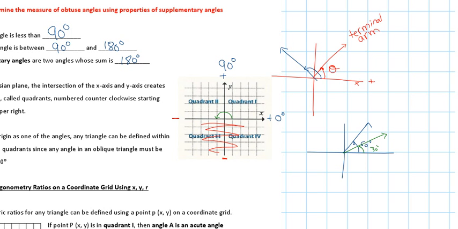So now I know my 3 important angles: the 0 angle, the 90 angle, and the 180 angle. Okay? So if I give you an angle that's 120, where would you locate that? Quadrant 2, right? It's quadrant 2 because 120 is between 90 and 180, right?